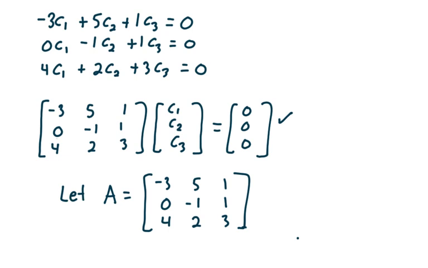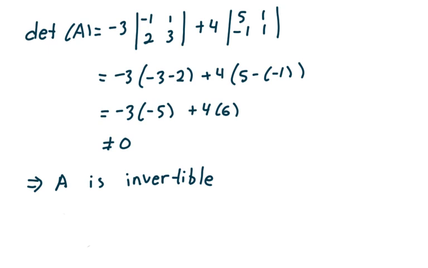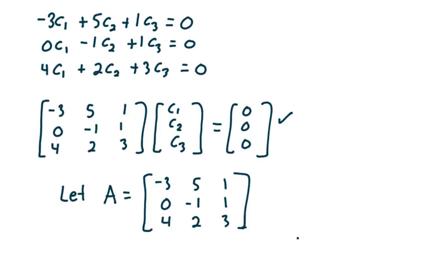Now, we're going to let A equal the coefficient matrix. And it turns out, if we take the determinant of A, we get a number that is not equal to 0. And so what that proves is A is invertible. And we have a theorem that says if A is invertible, then this system only has the trivial solution, which you will see shortly.